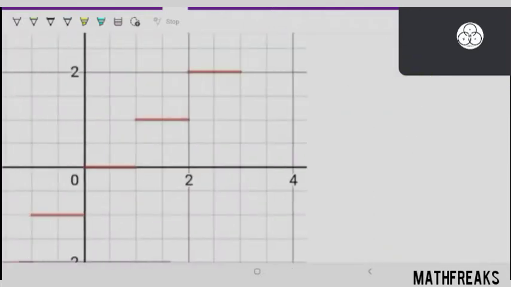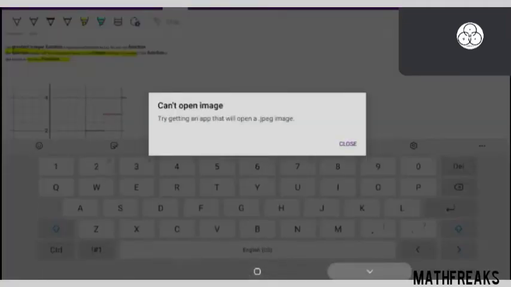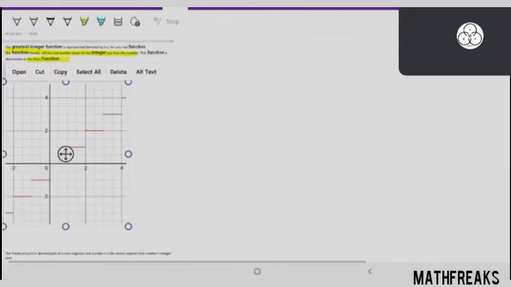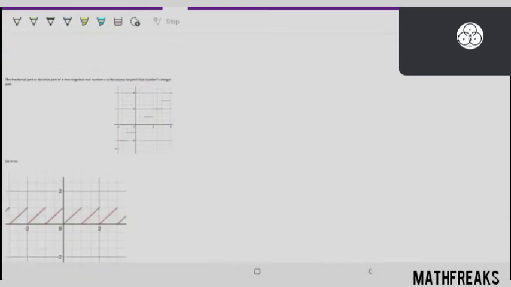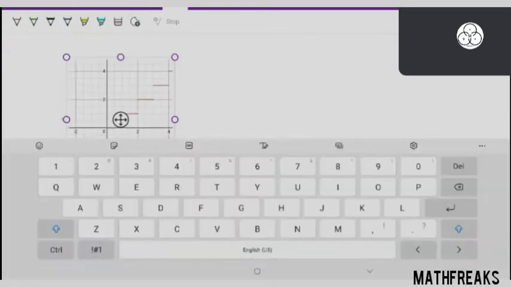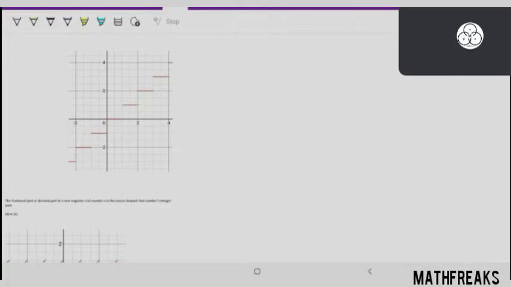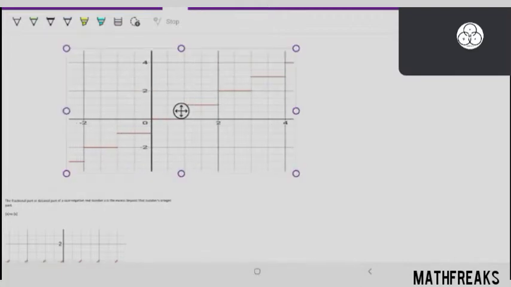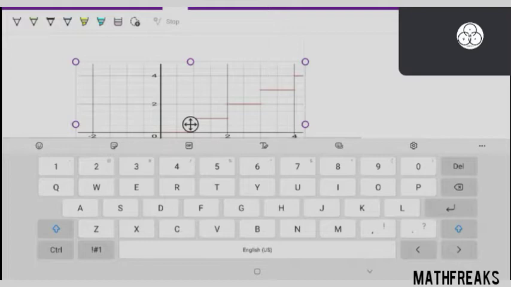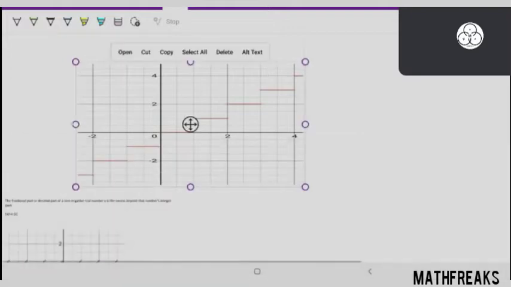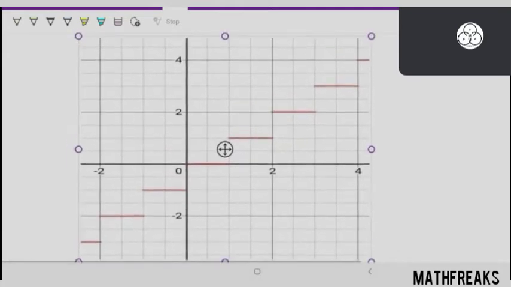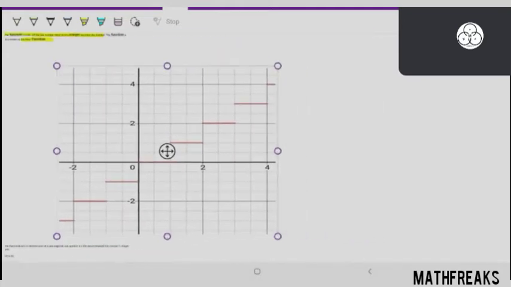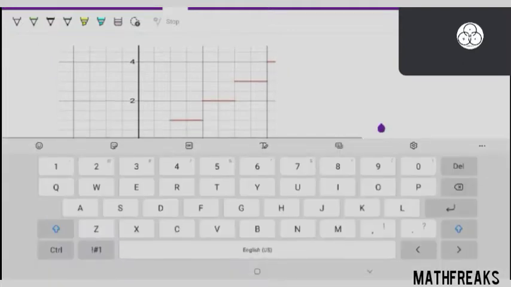Now this is what the graph of the function looks like. This is the graph of the function.